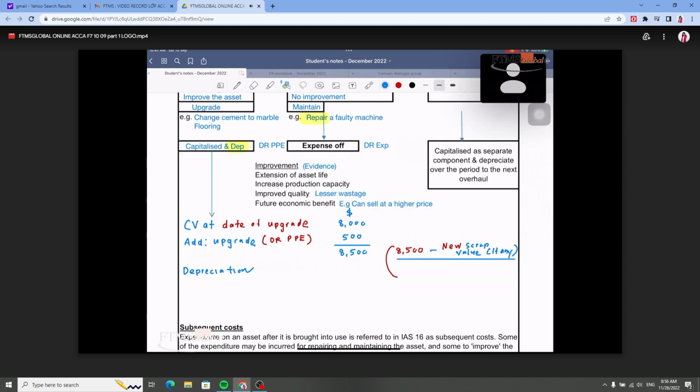If there's an upgrade, I will divide by any new useful life, if any. Because it's an upgrade, maybe after spending money your useful life will increase. So if there's a change in the useful life, you will use the new useful life. If no, then you will use the remaining useful life.